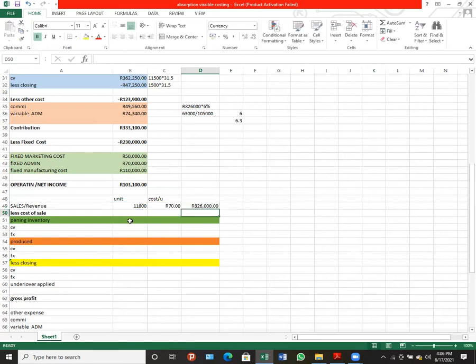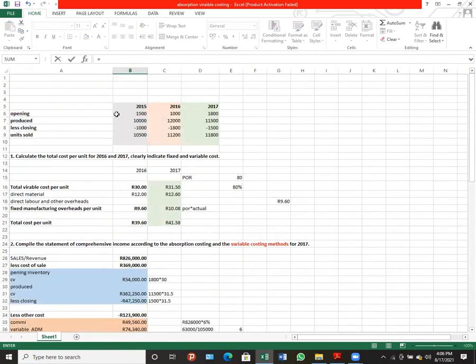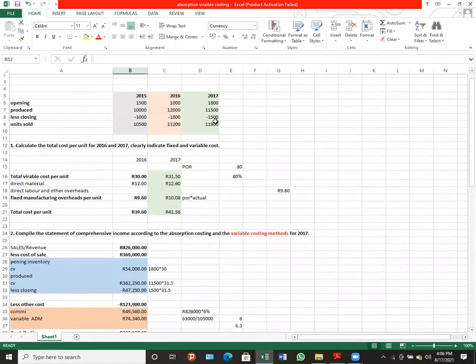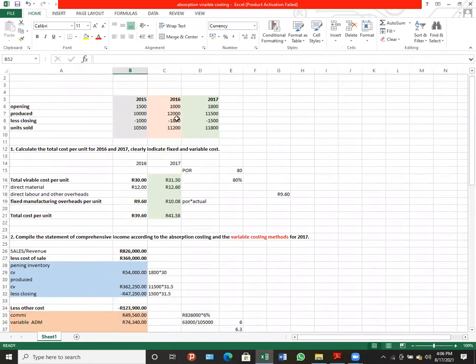Now, guys, we're going to calculate the opening inventory. Remember, guys, the opening inventory, let's go to the statement of the unit. The opening inventory, guys, we have how many units? 1,800. Remember, this 1,800 is the opening. It was the closing from where?